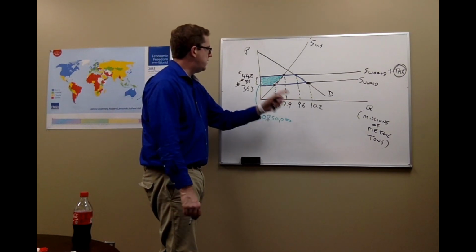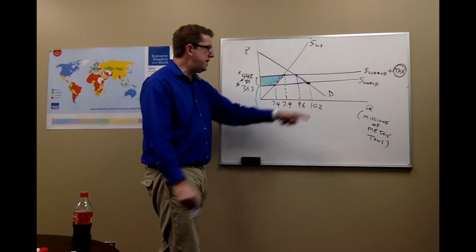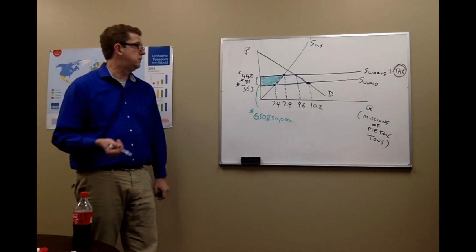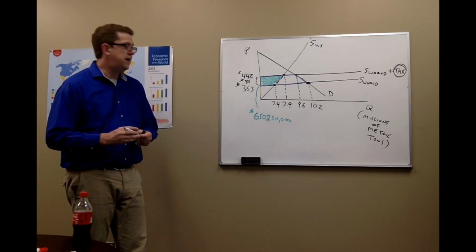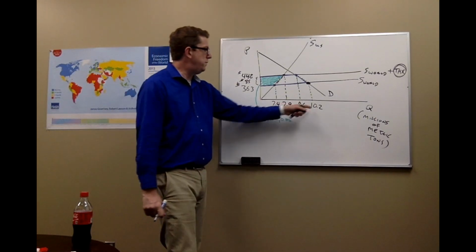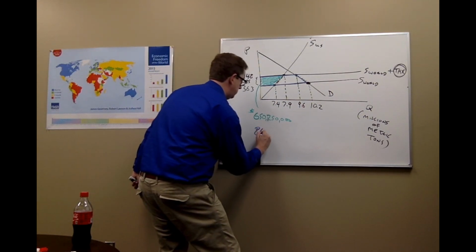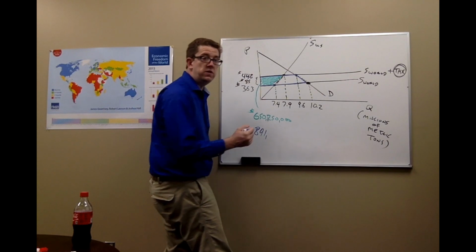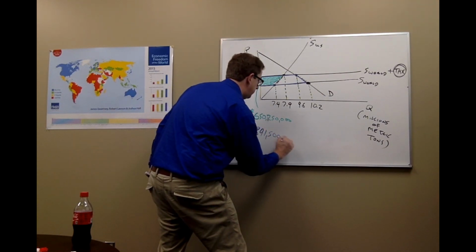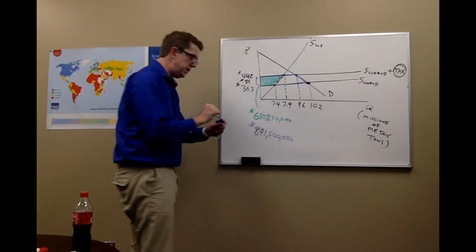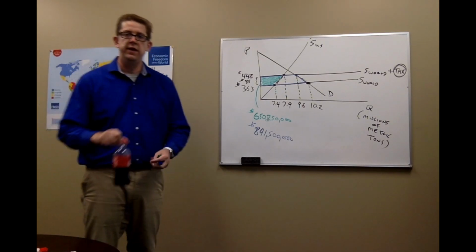Base 1 is 9.6, base 2 is 10.2, and the height is 85. So base 1 plus base 2, times height, divided by 2. Consumers are losing $841.5 million in gains from trade.